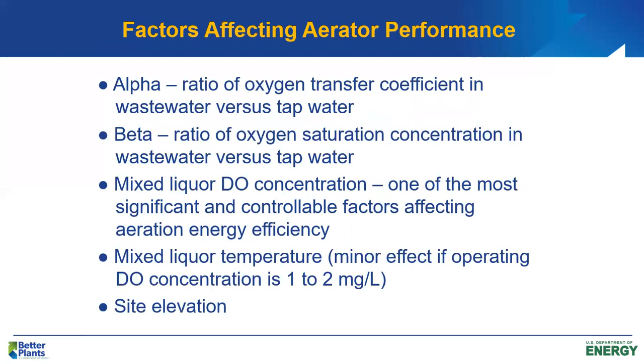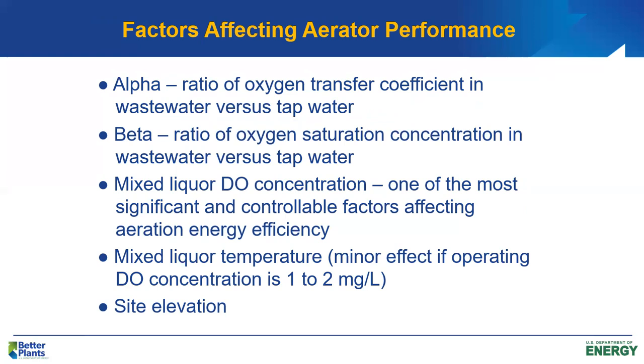So the factors that affect the performance of our aeration system, first of all, alpha. Alpha is the ratio of the oxygen transfer coefficient in wastewater to the oxygen transfer coefficient in tap water. Beta is the ratio of the oxygen saturation concentration in wastewater versus the oxygen saturation concentration in tap water.